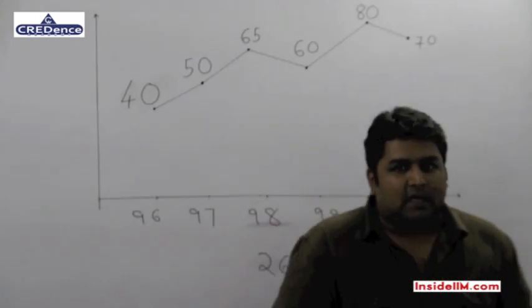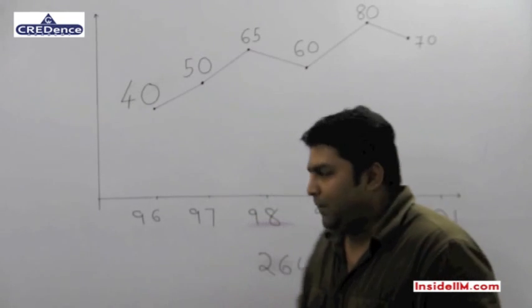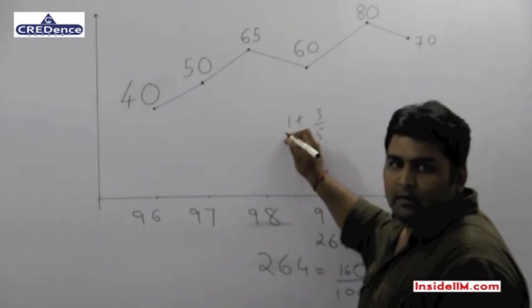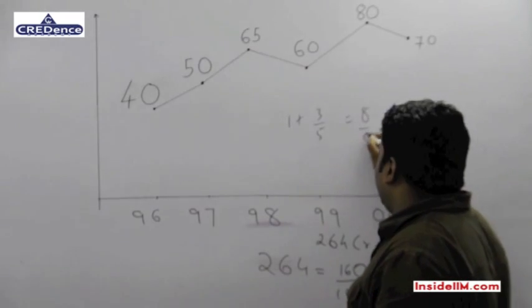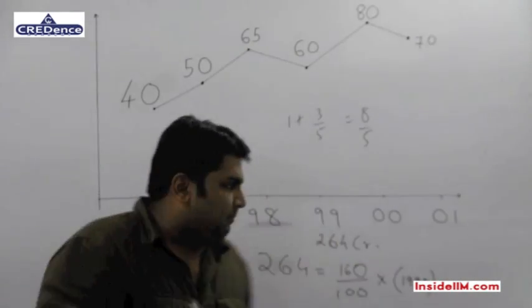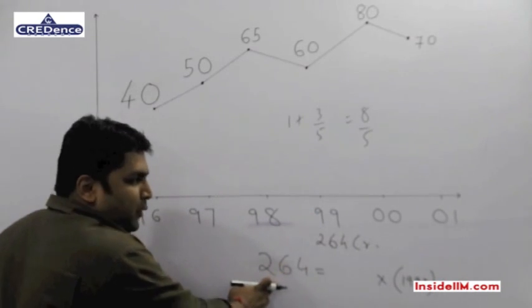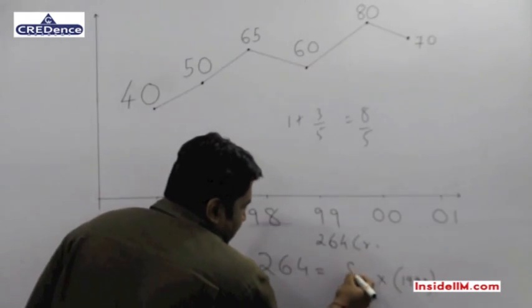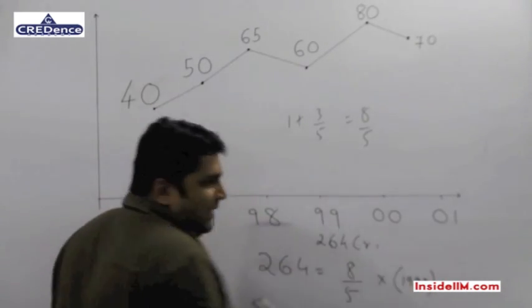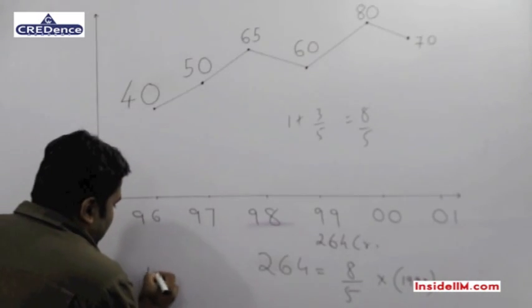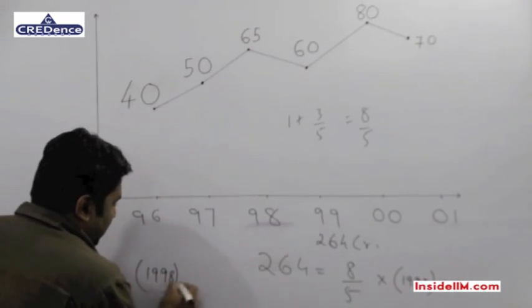So if you want to increase a number by 3/5 of itself, you would ideally do 1 plus 3/5, which is 8 by 5. So I am better off just writing that the value for 99, which is 264 crore, is 8/5 of the value of 1998.